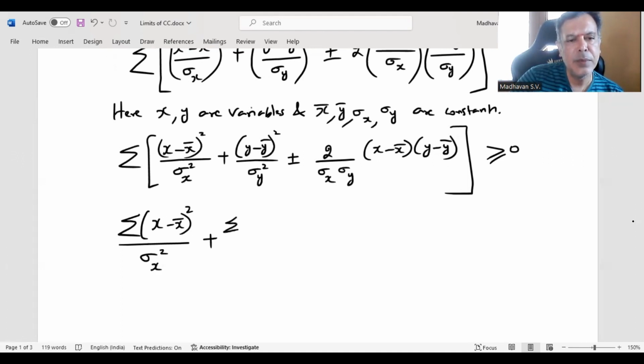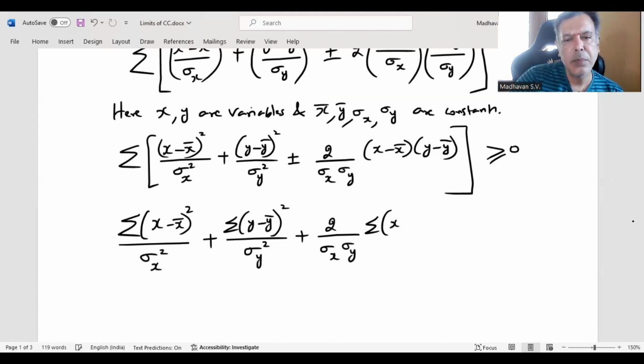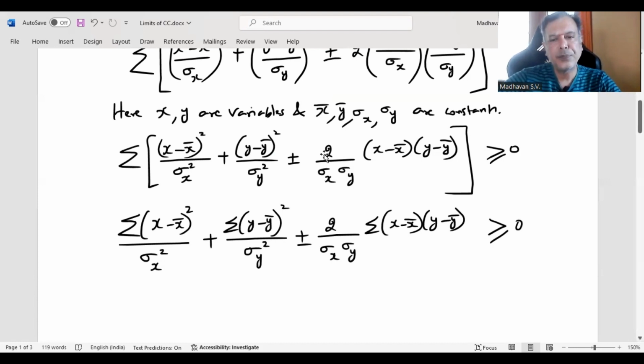Similarly, the next term, summation y minus y bar, the square, divided by sigma y square, plus or minus 2 divided by sigma x sigma y, summation x minus x bar into y minus y bar. This whole thing should be greater than or equal to 0.